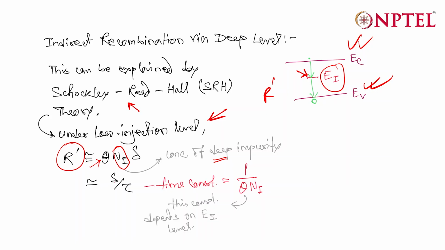So you can also write this as delta by tau, where tau is the time constant. The expression for the time constant will be 1 by theta Ni. Now this particular constant depends on the Ei value, that is the intermediate level. That particular time constant is now dependent on the intermediate level.